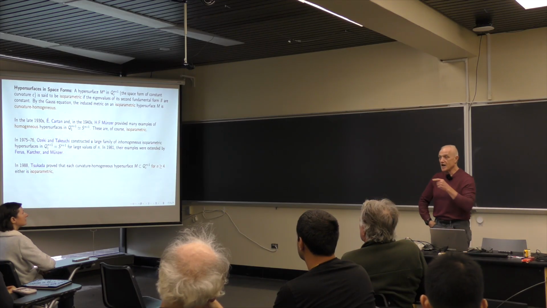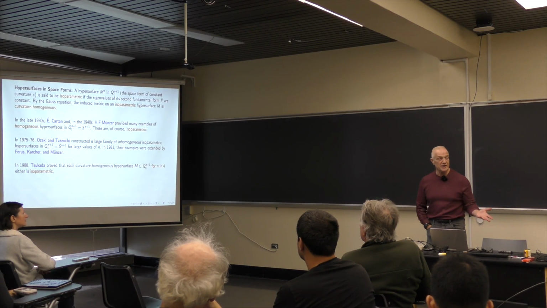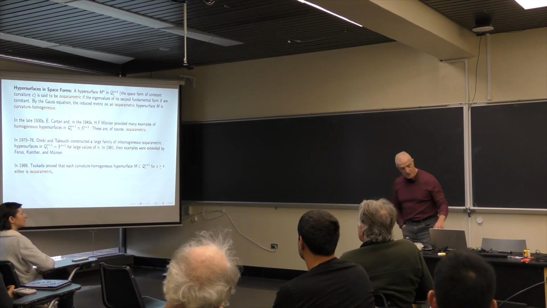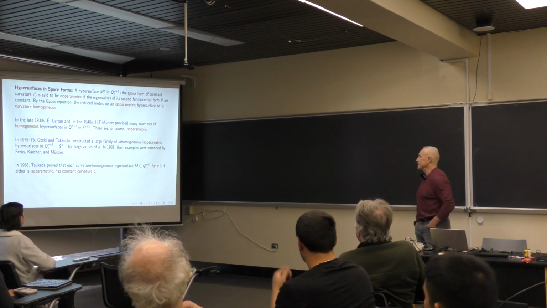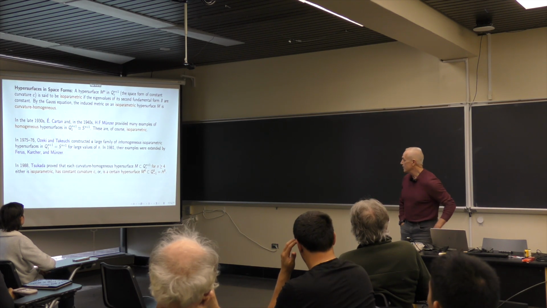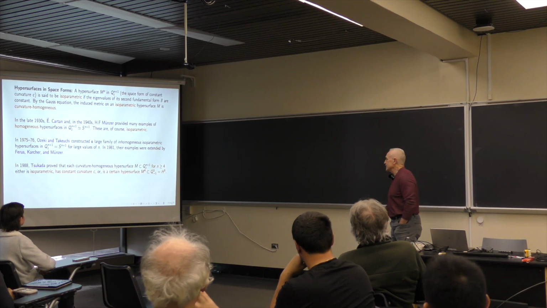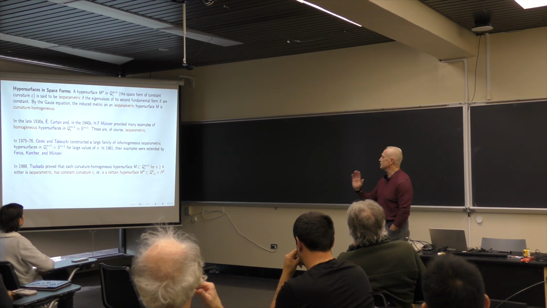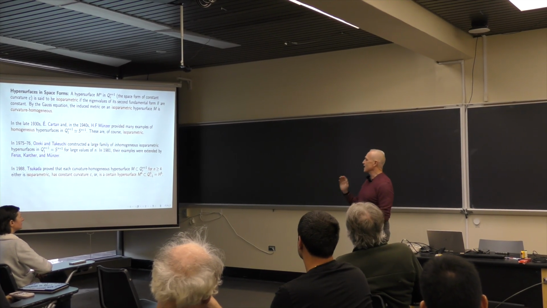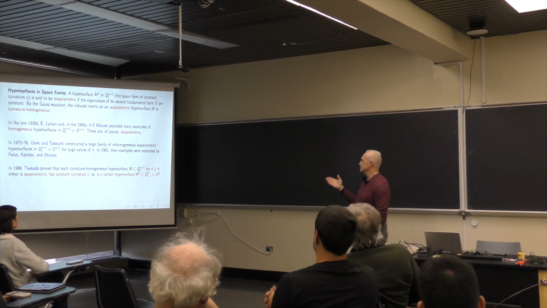In other words, the eigenvalues of the second fundamental form all have to be constant, and it's either isoparametric or it has constant curvature c, or there was a particular example that was curvature homogeneous but not isoparametric or constant curvature.